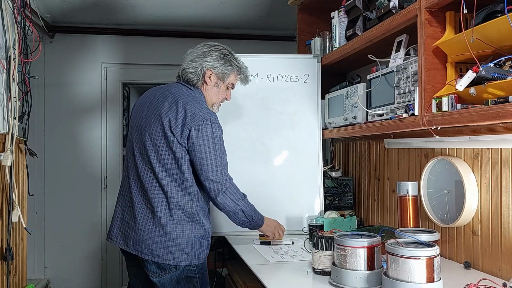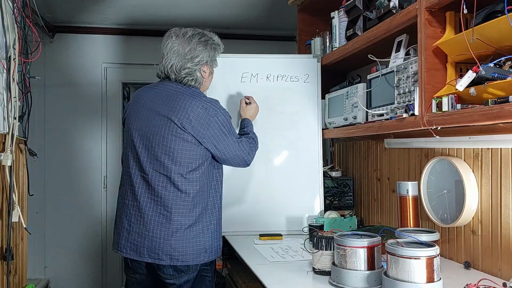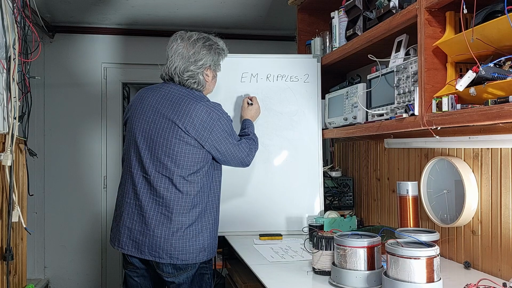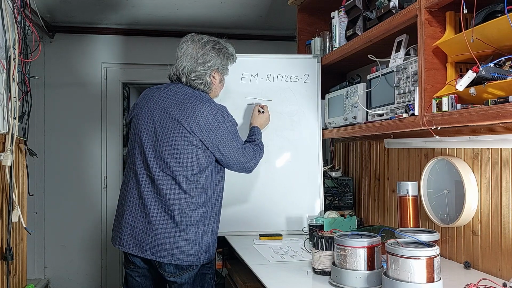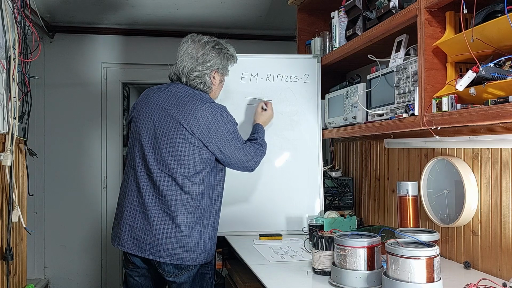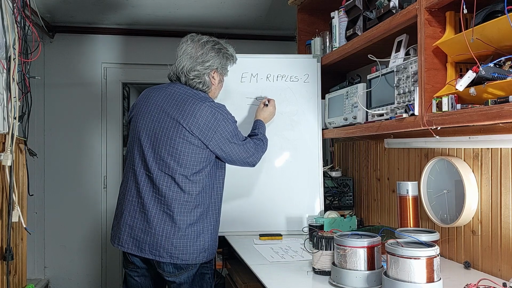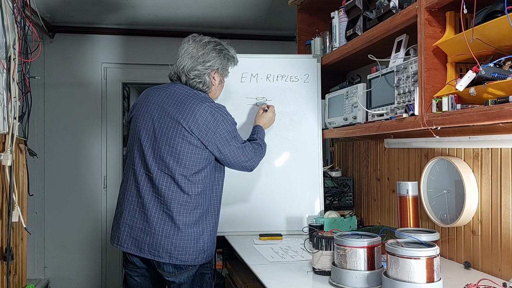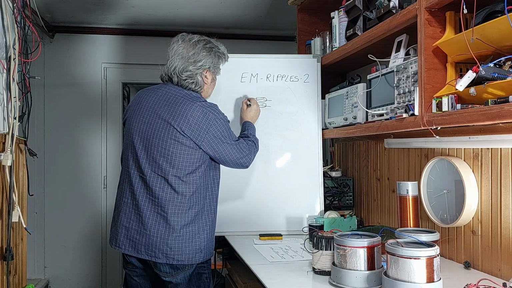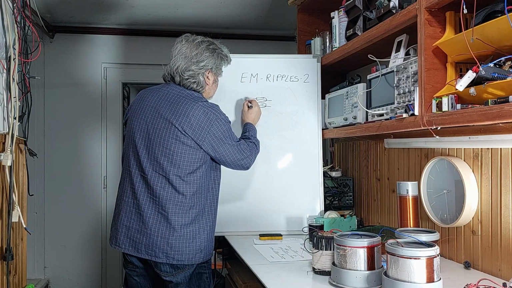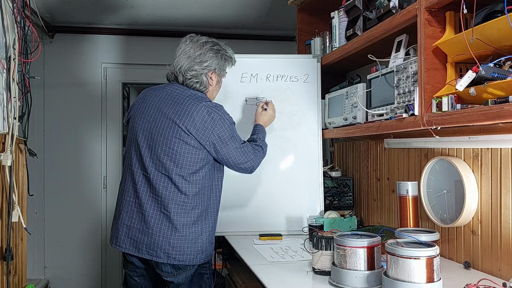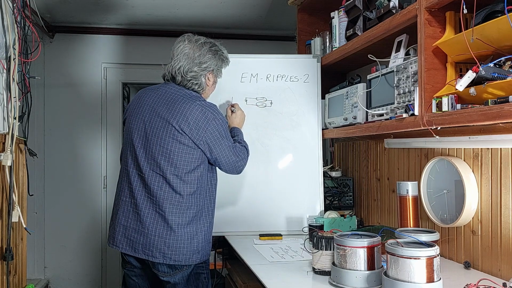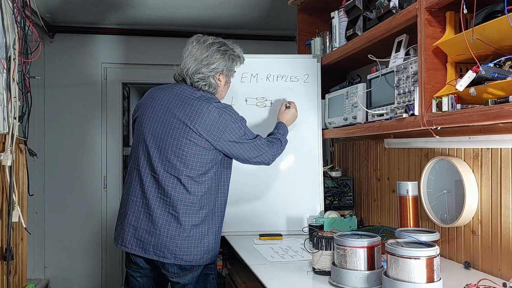The first switching is like this. I use two reed switches, then I use a diode like this and a diode like this. We have the source and we have the coil.